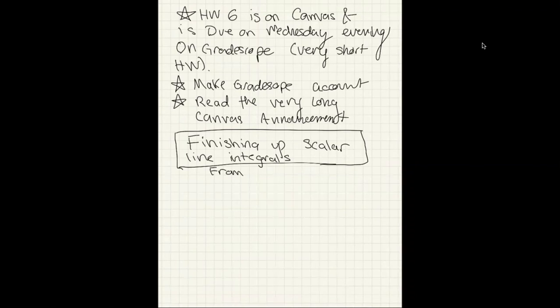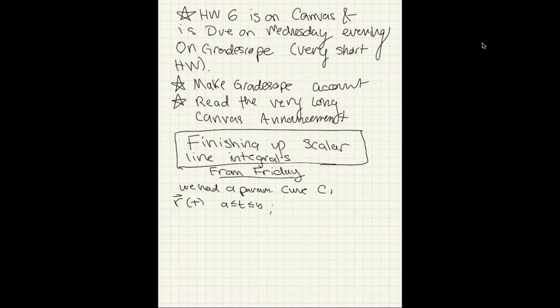Okay, so from Friday, here was the following data that we had. We had a parametrized curve C, given by an r of t, where t was in some interval from a to b.